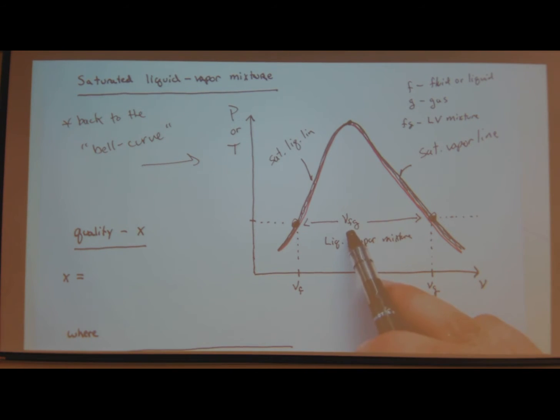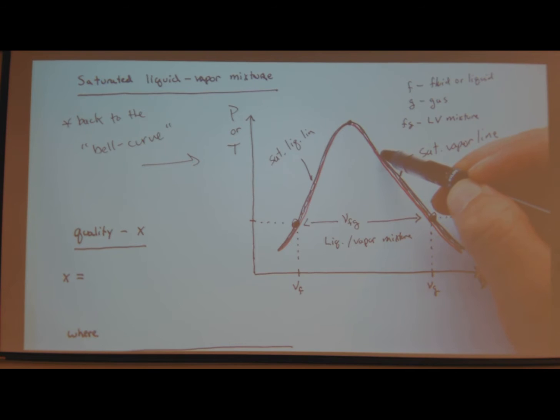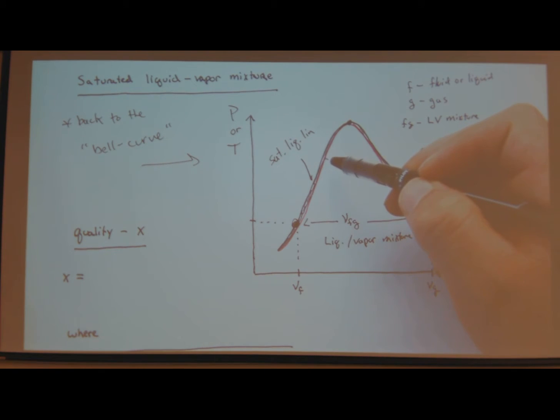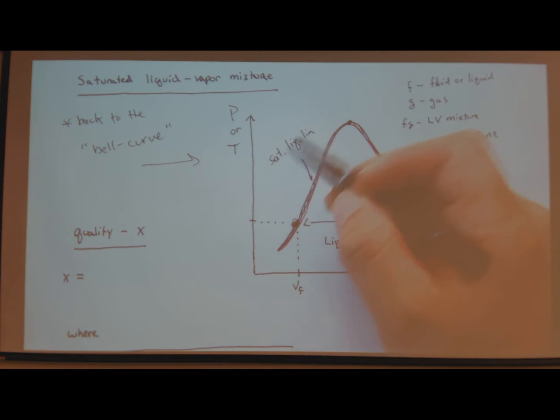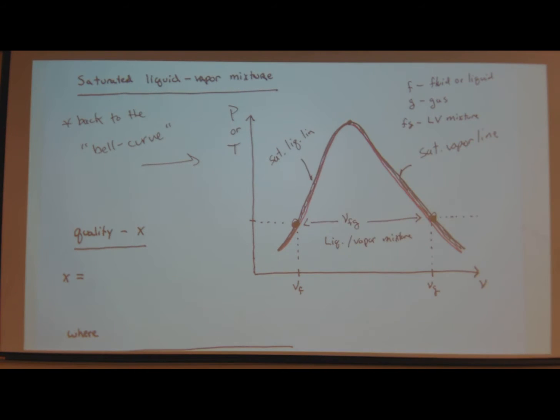So, specific volume of a fluid gas mixture. If I'm on the line over here, I have all fluid. If I'm on the line over here, I have all gas. I could be up here, again, all gas. So it's saturated. Superheated vapor in this region. Subcooled liquid or compressed liquid in this region.